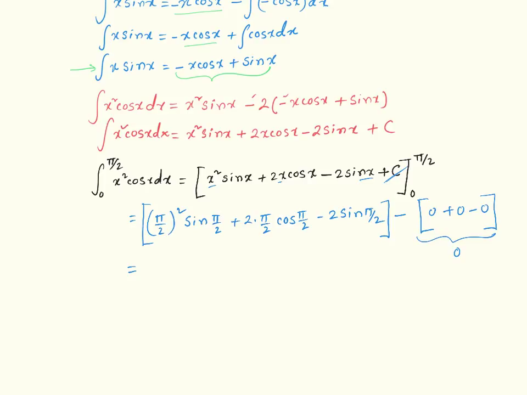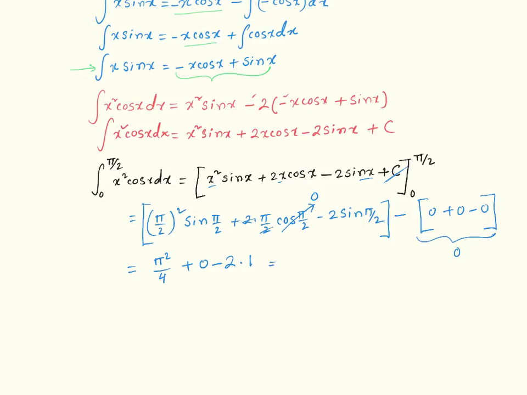So pi over 2 square is pi square over 4, right? Sine of pi over 2 is 1, so pi square over 4 times 1 is just pi square over 4 plus 2 times pi over 2 times cosine of pi over 2. Cosine of pi over 2 is 0. So this is going to be 0 minus 2 times sine pi over 2. Sine pi over 2 is 1.